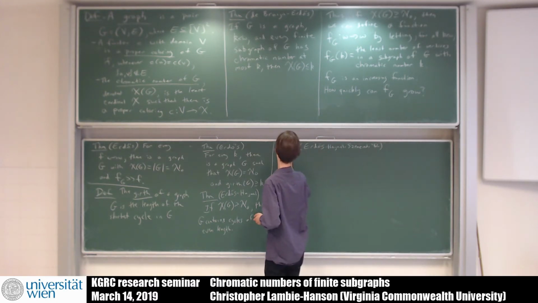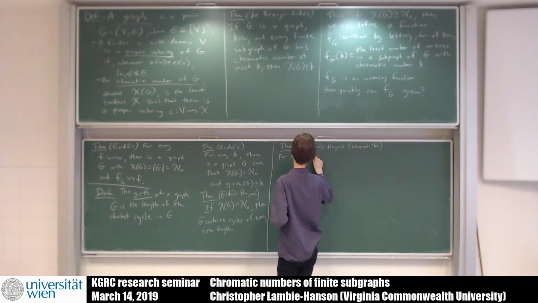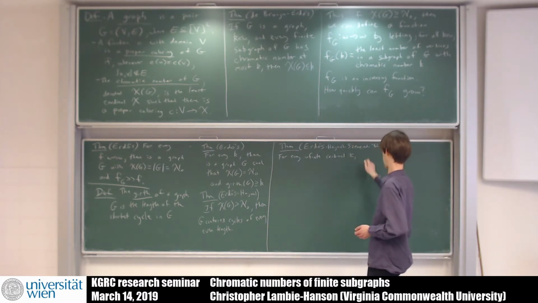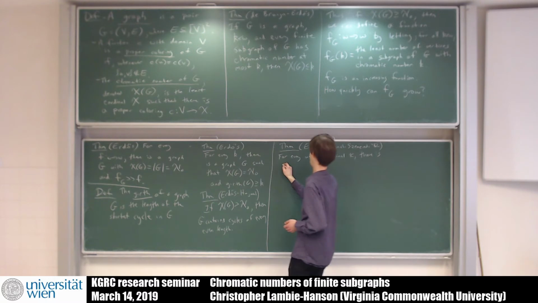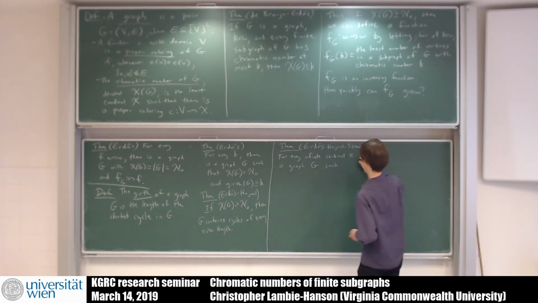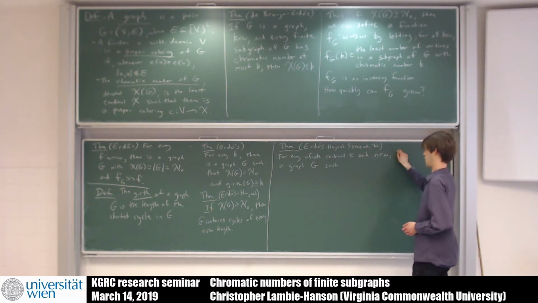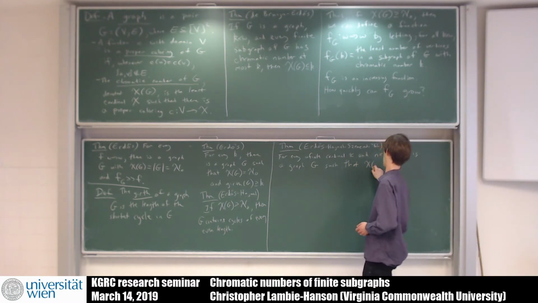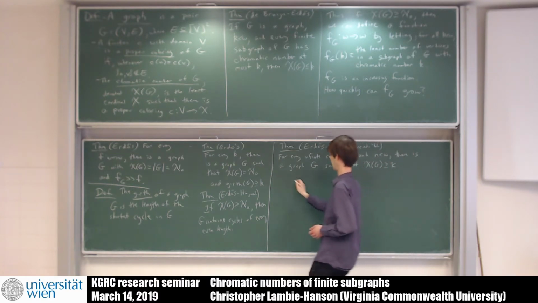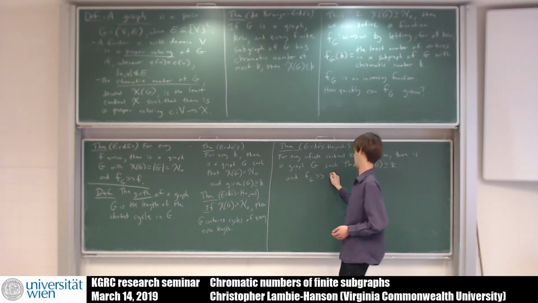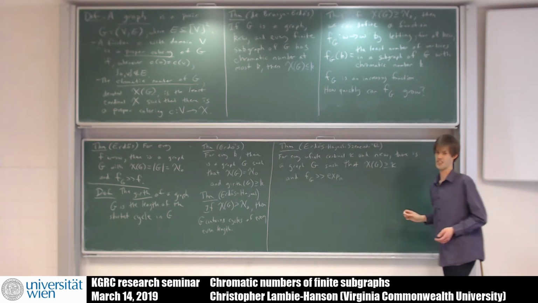What they proved is that for every infinite cardinal kappa and a natural number n less than omega, there is a graph G such that the chromatic number of G is at least kappa, and FG grows faster than the n times iterated exponential function.